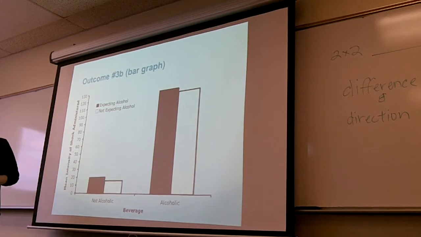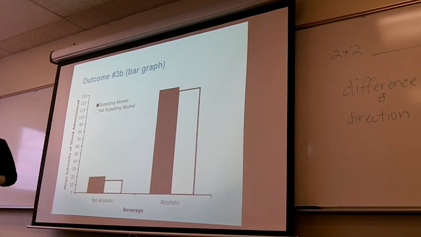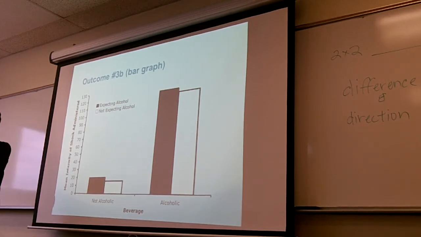What about effect of expectation? What am I going to look at? What am I going to compare? Which bars am I going to compare if I want to figure out if there's an effect of expectation? The black and white. Going to compare the black bars together to the white bars together.